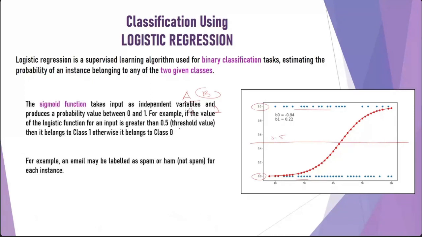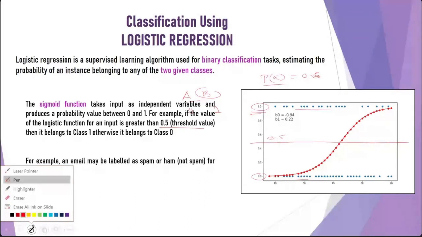What does threshold value mean? It means that if any data point has a probability value greater than 0.5, say I have a data point a whose probability is 0.6, then 0.6 is closer to 1, so it belongs to the B data.